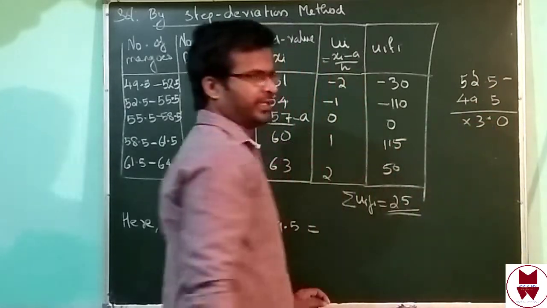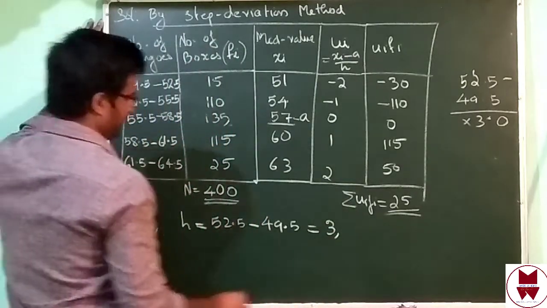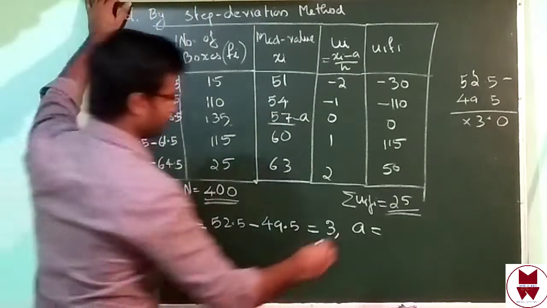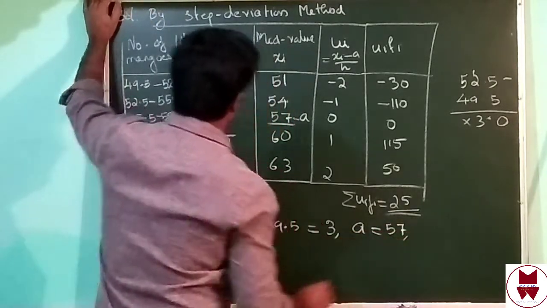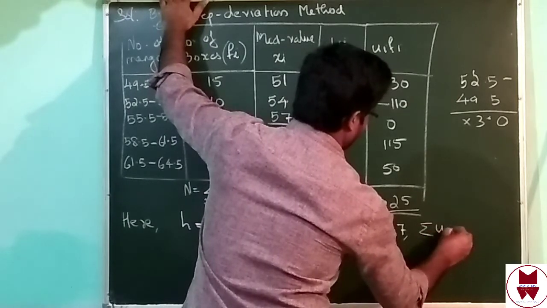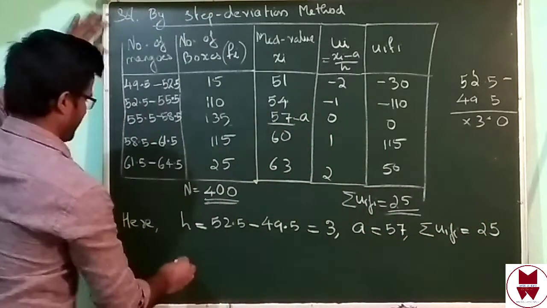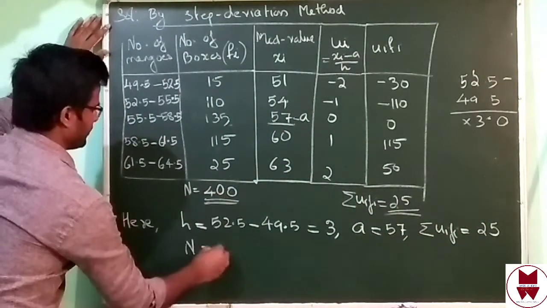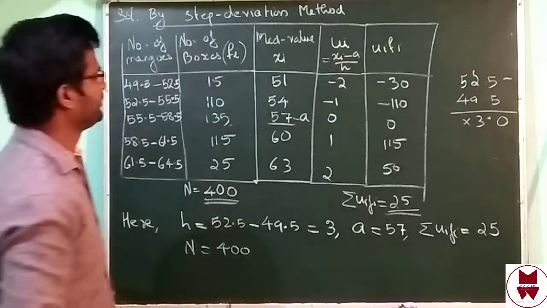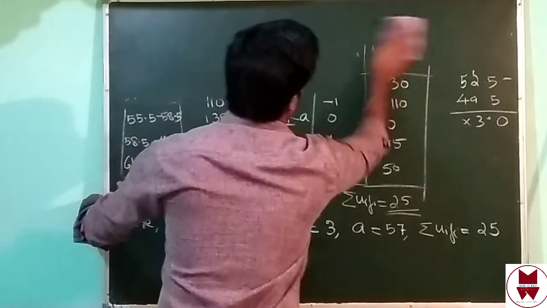We get 3, isn't it? h will be 3. Then a, we already took 57. Sum of ui fi is 25. n is 400. We got all the values, and we can use the formula of the step deviation method.